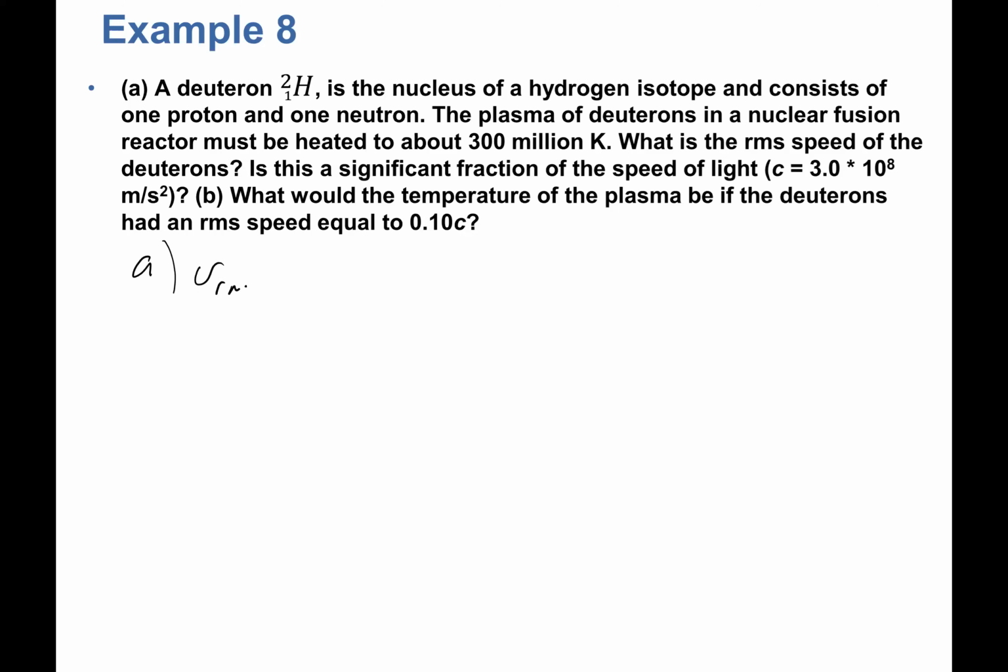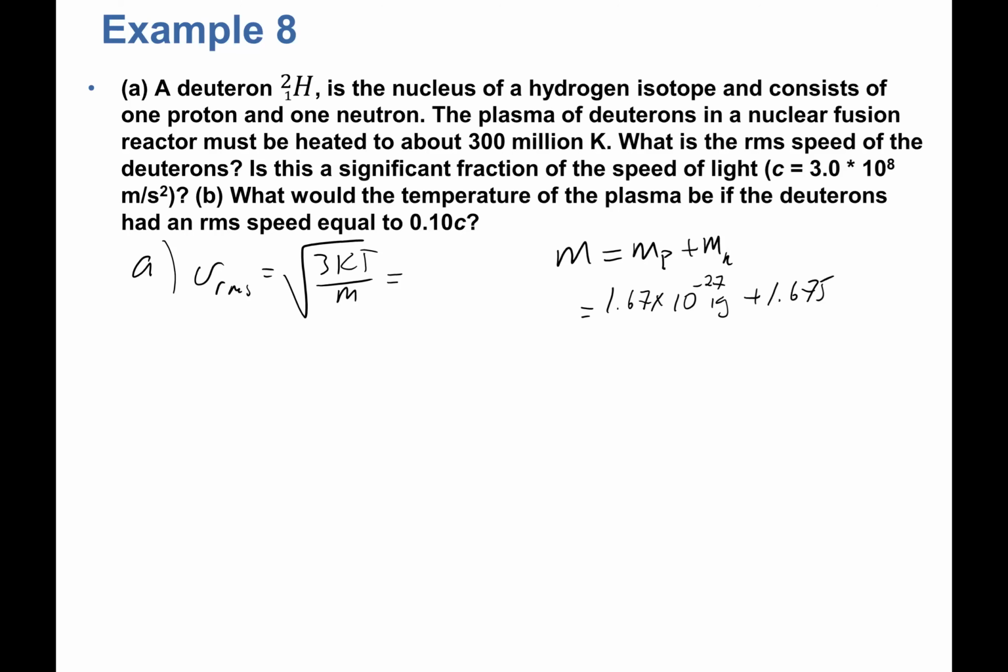Remember, VRMS equals the square root of 3kT divided by the mass. What we have here is the mass of one proton plus the mass of one neutron. So the proton has a mass of 1.67 times 10 to the negative 27 kilograms, plus the neutron has a mass of 1.675, well, this is actually 1.673 because they're roughly identical in terms of mass.